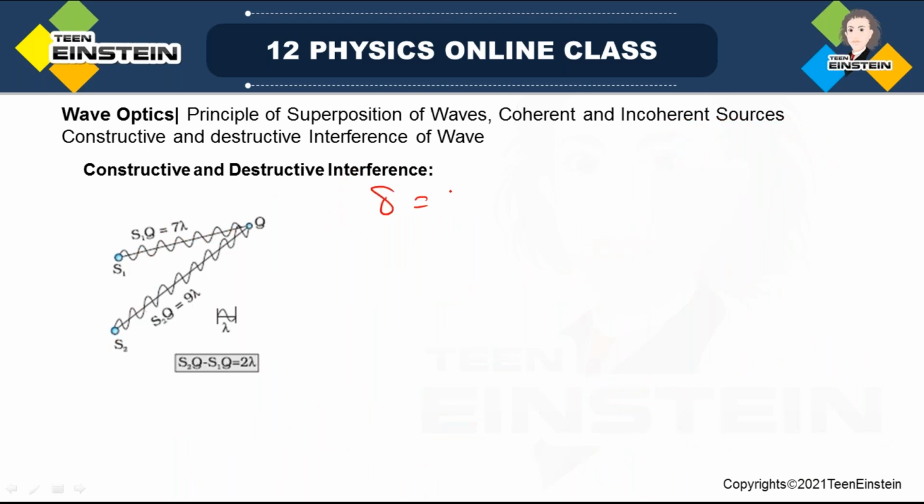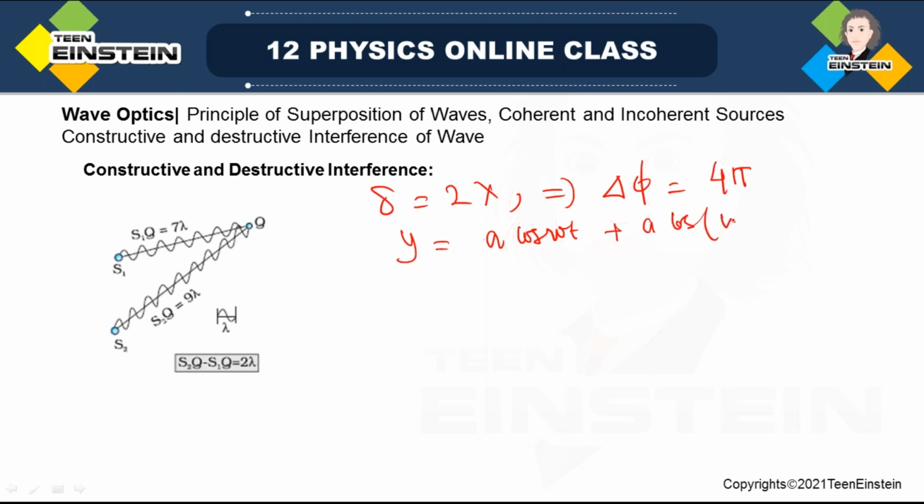Since path difference delta is 2 lambda, this gives phase difference 4 pi, which gives resultant displacement as a cos of omega t plus a cos of omega t plus 4 pi, which is again cos omega t. So it will give you 2a cos of omega t. Now this is the new amplitude.